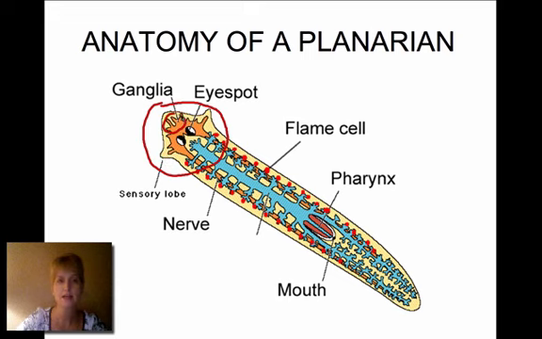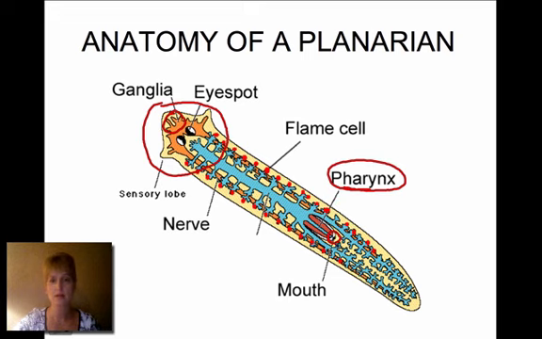The ganglia is really what we would call a primitive brain. It's not necessarily a brain, but it is a collection of nerve cells that are concentrated in the head region. Then we'll see this nerve that runs all the way throughout the body. They also have a pharynx and a mouth.